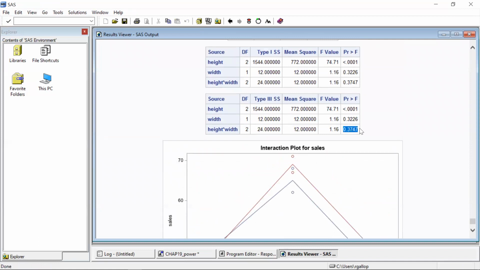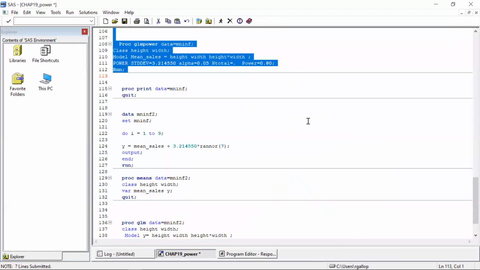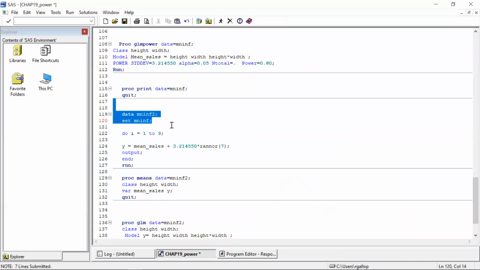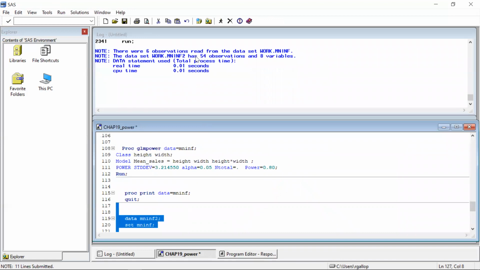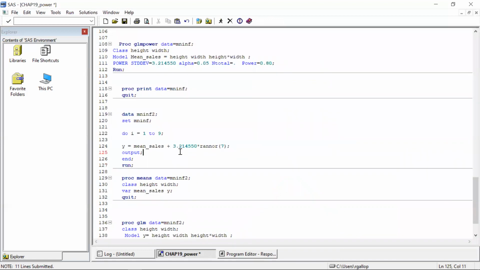If you recall with the Castle data set, we only had 2 per cell. So as you can see here, I'm simulating data for the 9 observations per cell with the cell mean, and then this is my standard deviation. So in this case here, I'm simulating data, 54 observations.